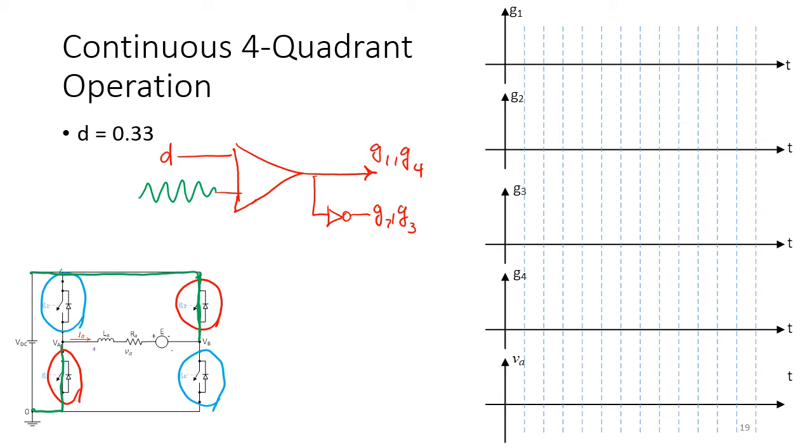So, for example, for D equal to 0.33, G1 will be like this. Very similar to what we have done previously. And G4 is the same. So 1, 0, 1, 0. As you can see, G1 and G4 are exactly the same.